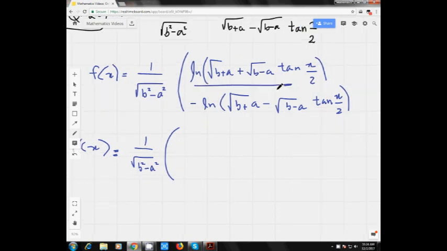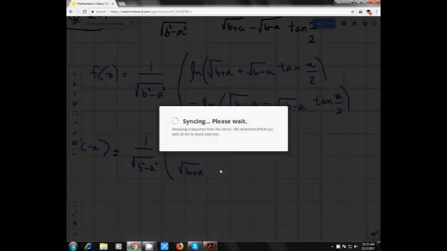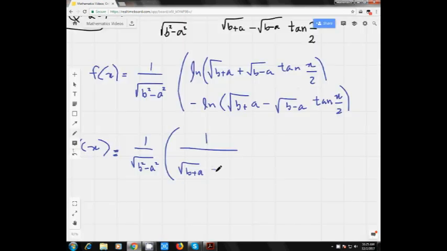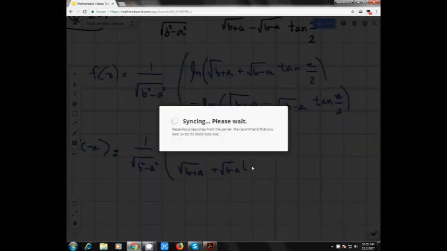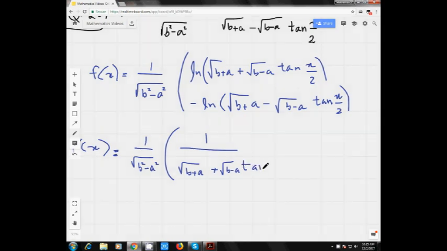You have to take the derivative of the first expression, and you have to apply the rules of natural log. 1 divided by square root b plus a plus square root b minus a tan x by 2 multiplied by the derivative of this quantity, because you are applying the rule of natural log.